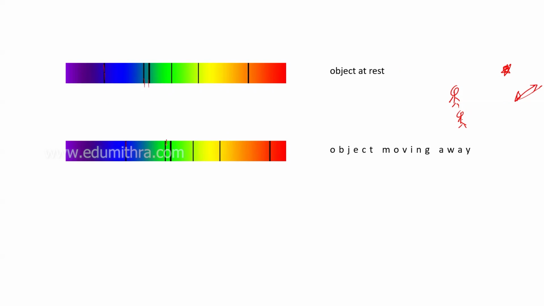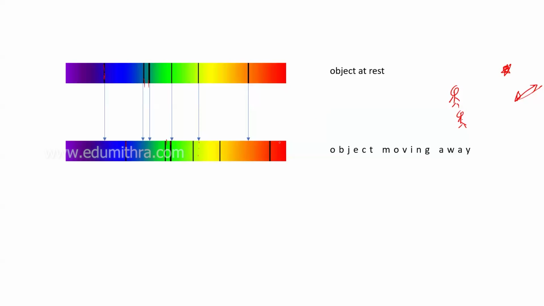But what happened? All the patterns, all those lines, have shifted towards the right. It was here and it shifted towards the right. All the patterns should have been here, but all the patterns have shifted to the right when it is moving away.